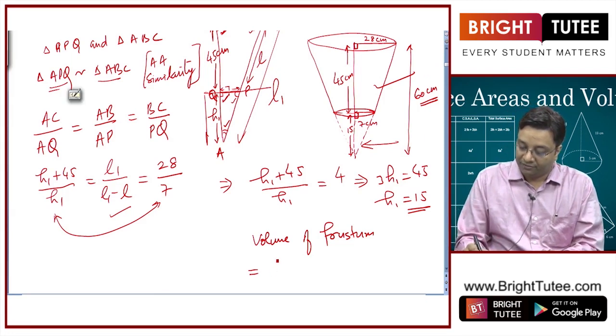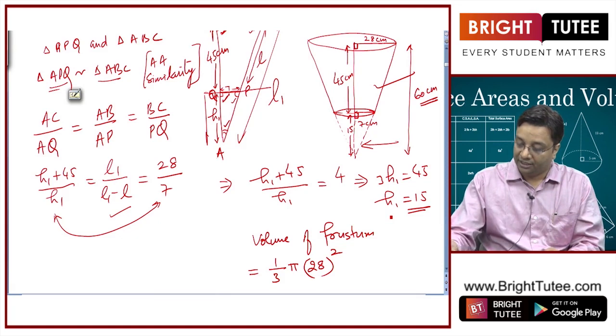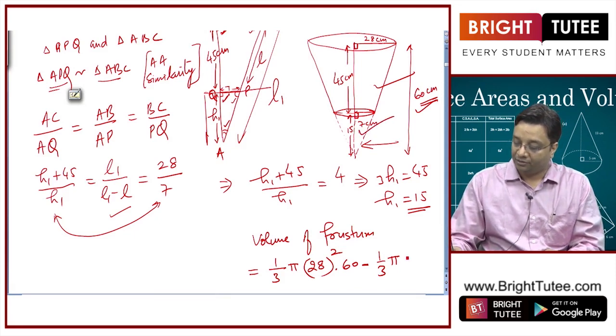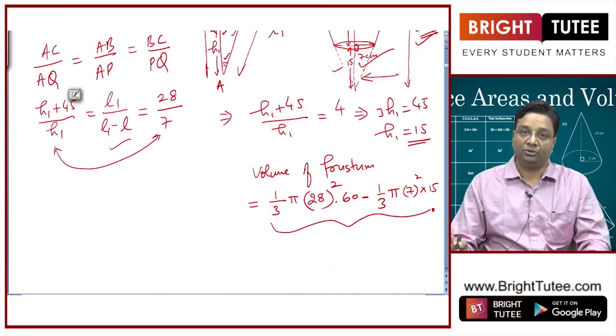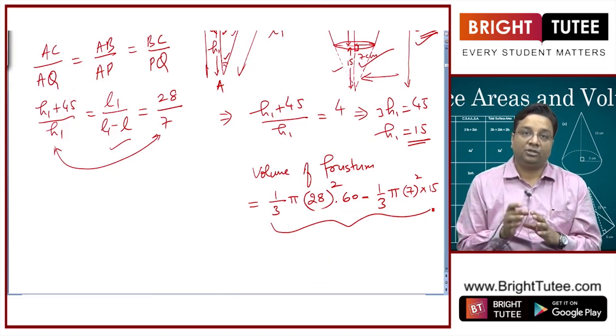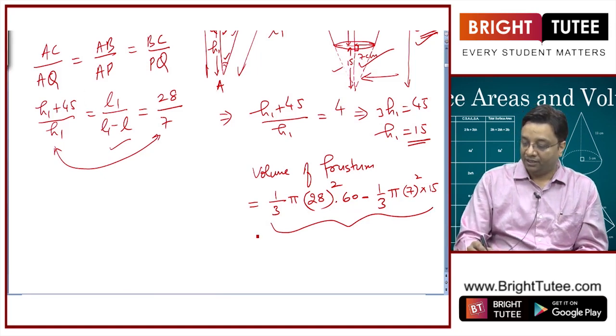So the volume of the frustum will be 1 by 3 pi times the bigger radius squared into the height of the bigger cone, which is 60, minus 1 by 3 pi 7 squared into the height of the smaller cone, which is 15. This will be the volume of the frustum. This I have done without using that formula which I taught you in the introduction part.